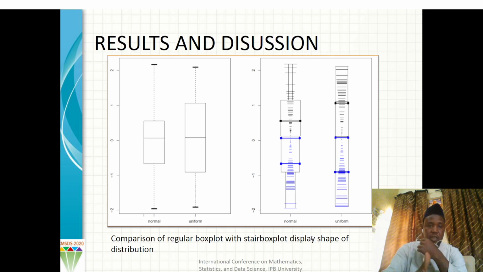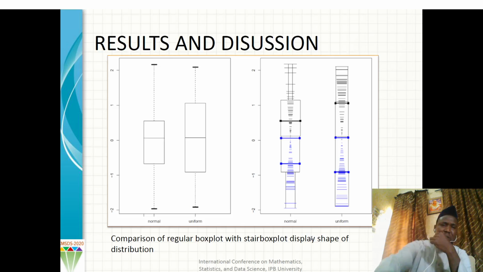For example, we visualize the normal and uniform distributions here, first by the classical box plot method. Then we have the visualization using the proposed Stairbox plot, and we can see it is sometimes difficult, even to identify, if you are not specifically told, that the left one in the classical box plot method is a uniform and this one is a normal.